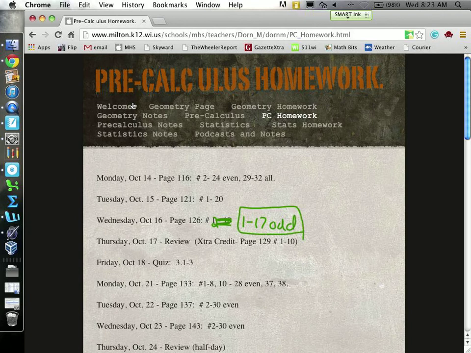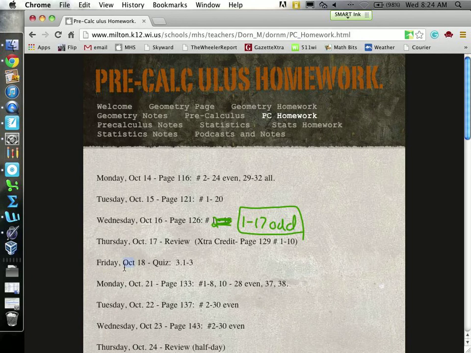I don't know why, I'm just in a generous mood this week. 1 through 18 just seems like a lot. 1 through 17 odd gets the point across. If you feel like you need more practice, by all means do more problems, and check with me and I'll give you the answers. For 1 through 17 odd, you can check your answers in the back and see if you're doing it right. You can ask better questions when you come back into class tomorrow, because you know what you understand and what you didn't.